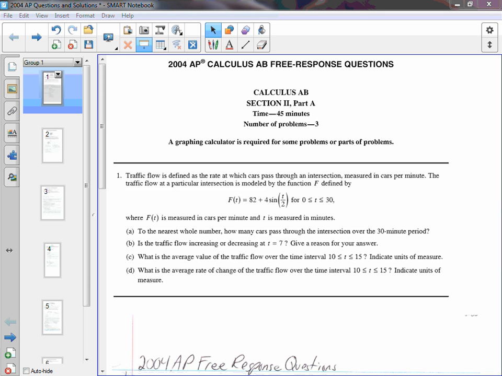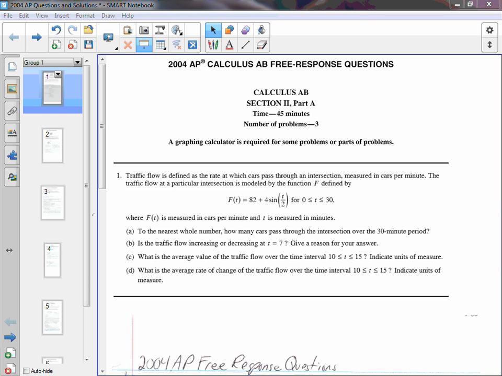These were questions that were on AP tests in the past. But like I said, they don't change greatly. So really, a question from 2004, a question from 1994, a question from 1974, they're all going to look a lot alike. Now, in more recent years, they've incorporated the graphing calculator, but they did in 2004 as well.